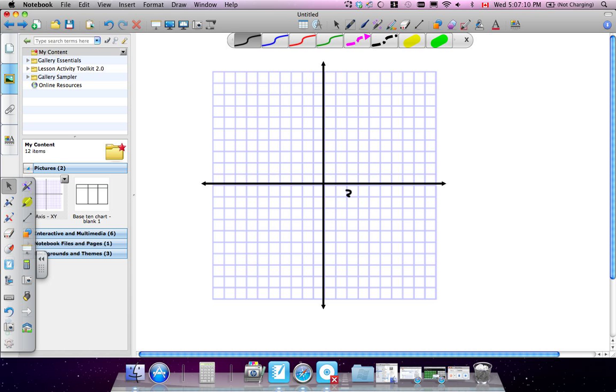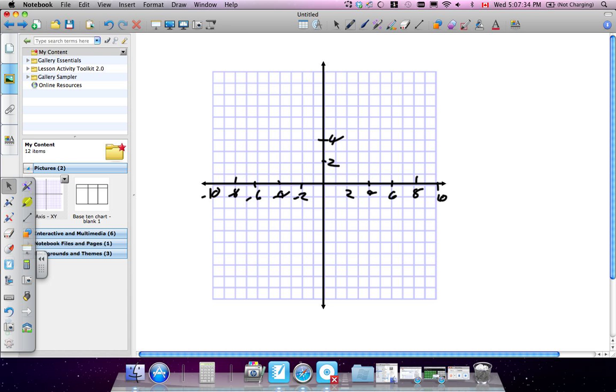Same idea this way: negative 2, 4, 6, 8, and 10. Okay, so we have this graph.